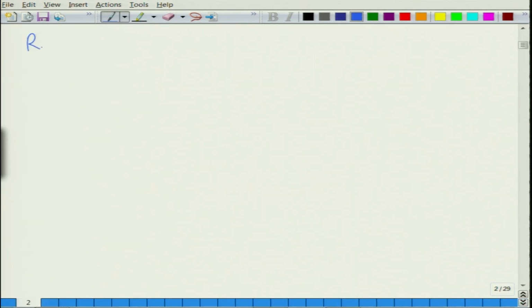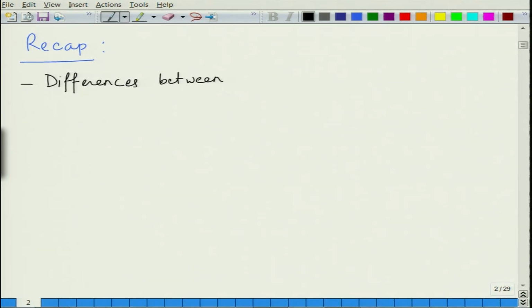So, in the last class we first looked at differences between true and engineering strains.